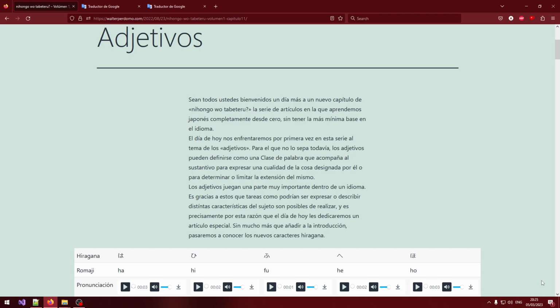In English, we could say something like, yesterday I ate a small cake on my red table. So we have two adjectives here. Small cake, small is an adjective, and red table, red is another. It's a color, an adjective.